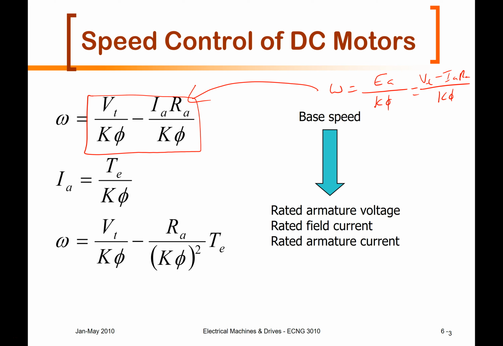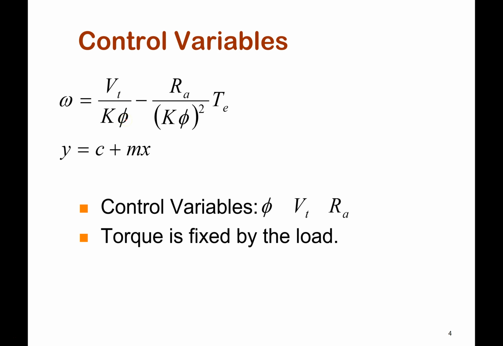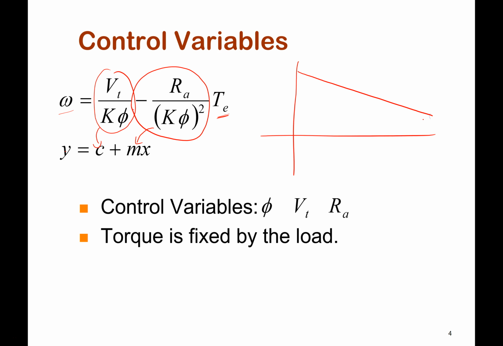Now if we look at this equation carefully, we'll see that it is essentially in the form of a straight line equation for omega and T, with omega being y, T being x. This value here is c, and negative, that is the slope. So we're looking at a straight line with a negative slope. This is for a separately excited or shunt machine.